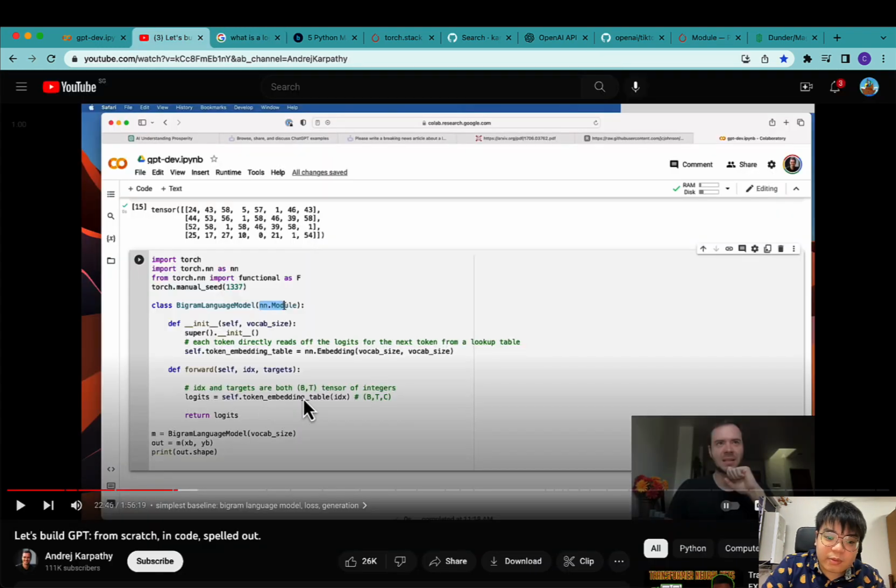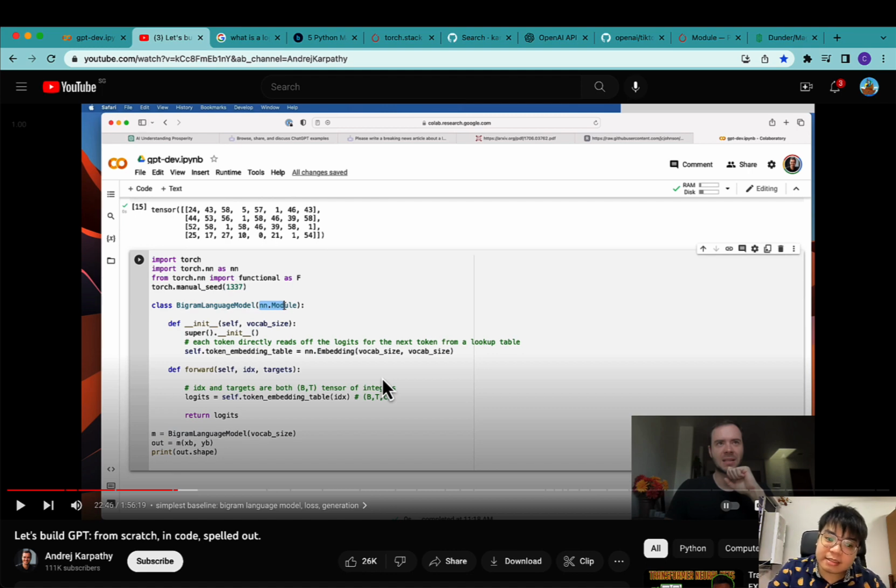So in the sense, when we pass in an index for a given word, the index of the word would be a certain number, and we pass it into the embedding table and we get a row. So the logits in this case represent the probability of having other words given a word.